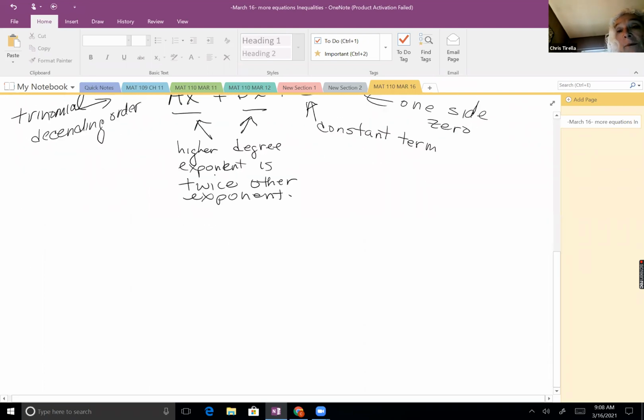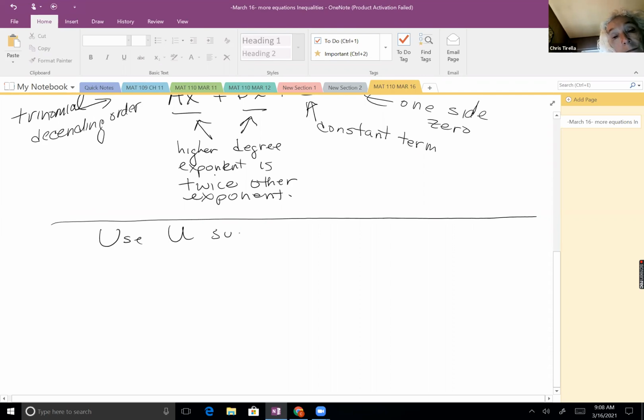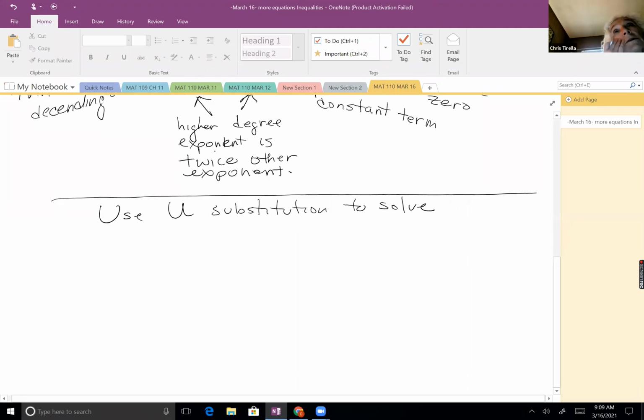And the way in which we'll solve them is we'll use substitution. Which is the idea of introducing a dummy variable that we'll solve for in the quadratic, and then work backwards to solve for the original variable.